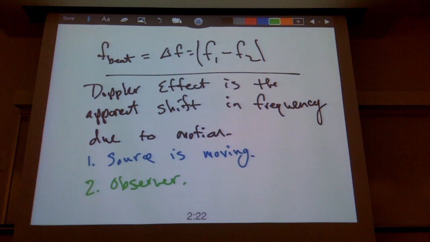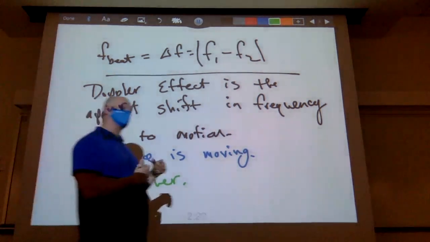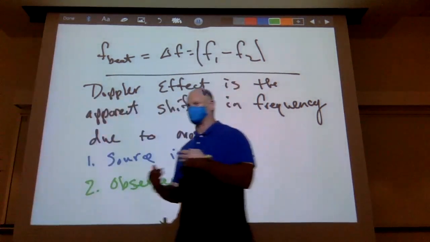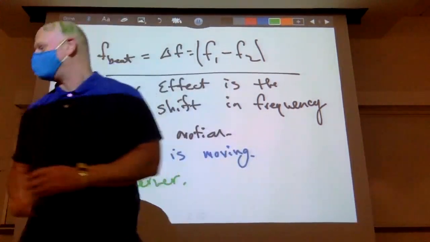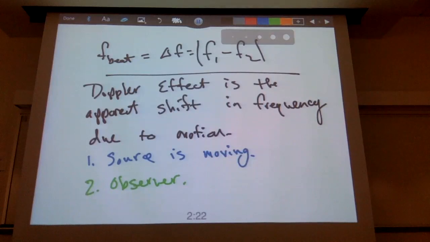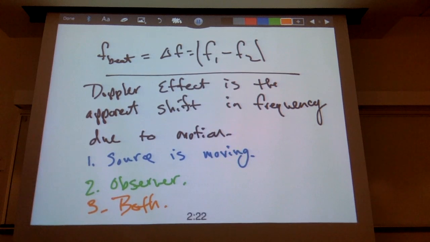If the observer is moving, they'll also hear a different frequency due to the motion. The third way is a combination of both, so both the observer and the source are moving.